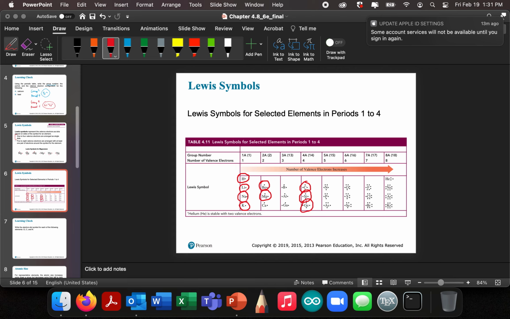But once we have a 5th electron in the outer shell, we start pairing them. And so nitrogen, can you see that? There's 2 that are paired right there. And oxygen has 6 in its outer shell, so we pair 2, right? So here's how I would do oxygen: 1, 2, 3, 4, 5, 6. Okay? So those are the Lewis symbols for the atoms up through krypton.